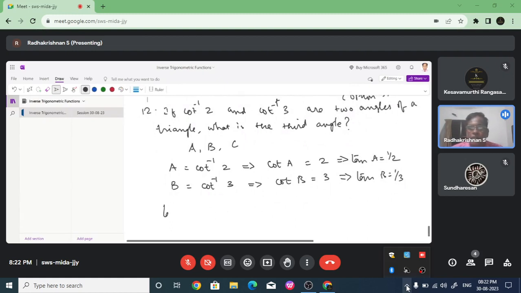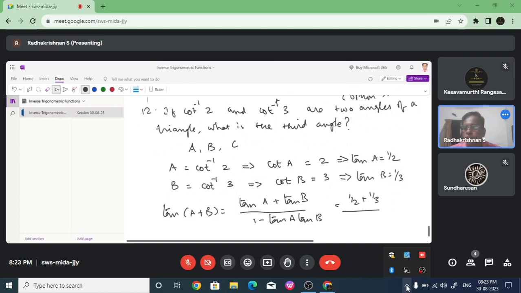So what is tan A plus B? We have the values of tan A and tan B, so we can determine tan A plus B and hence A plus B and hence C. So 1 by 2 plus 1 by 3 is 5 by 6. So this is also 5 by 6.